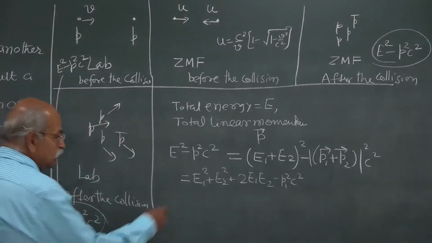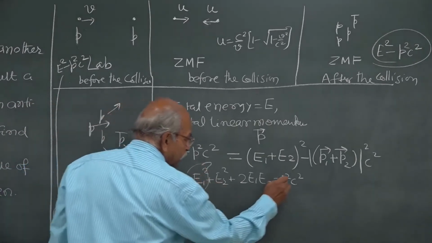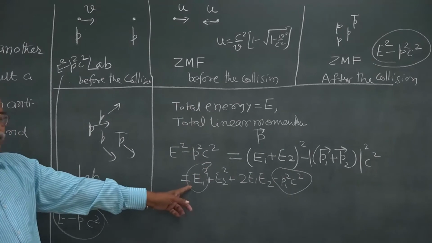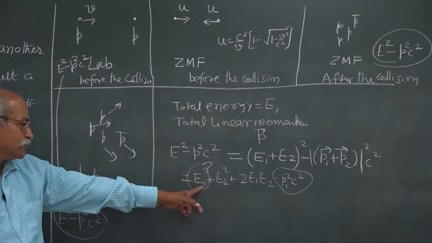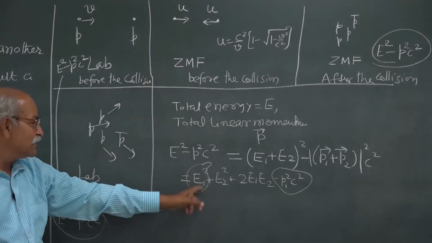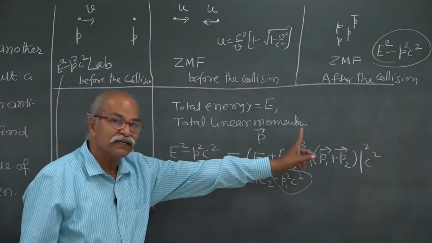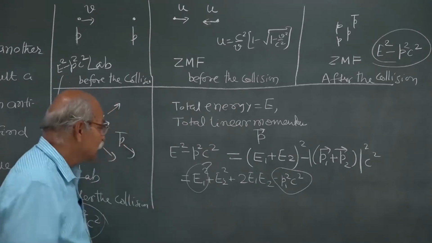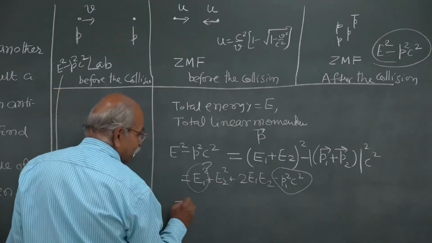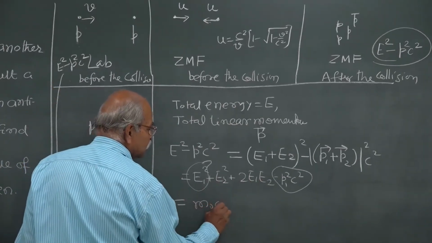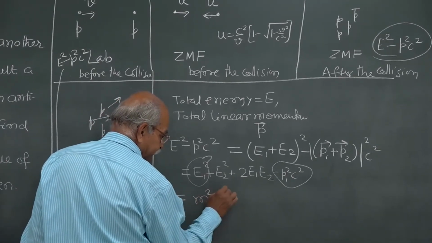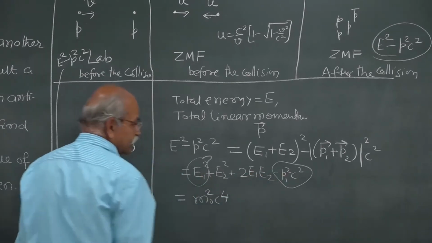So, E1 square minus P1 square C square, okay, is one particle now, one proton only, so E1 square minus P1 square C square must be M0 square C4. So, these two together make it M0 square C4, this minus this.